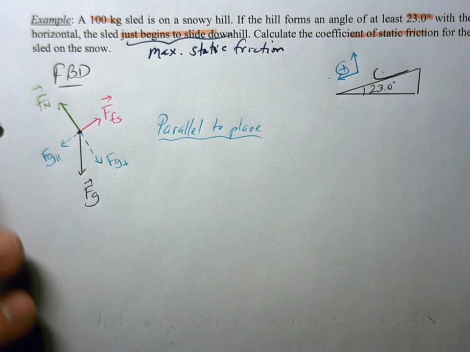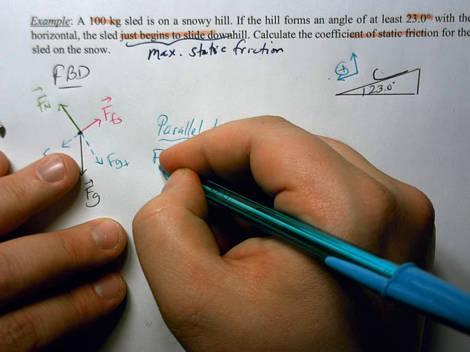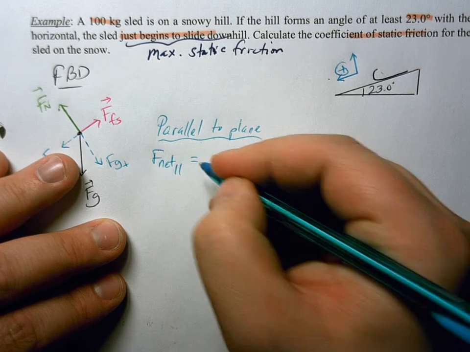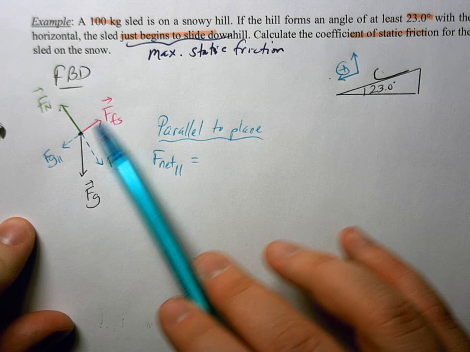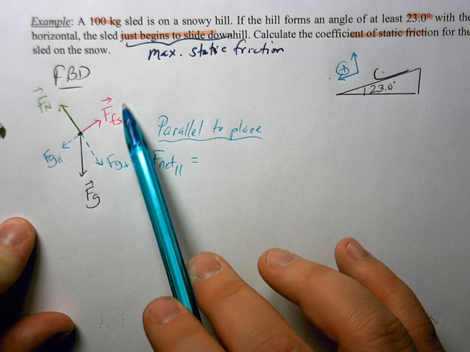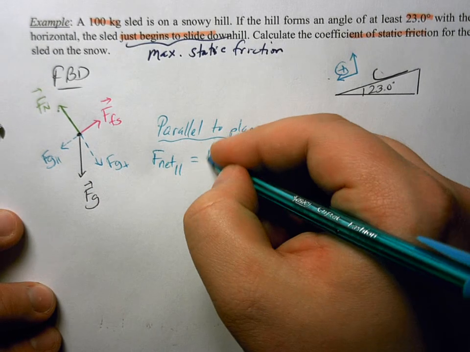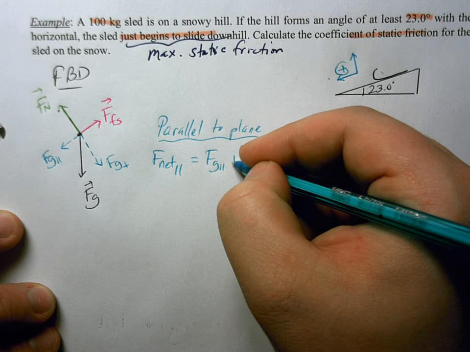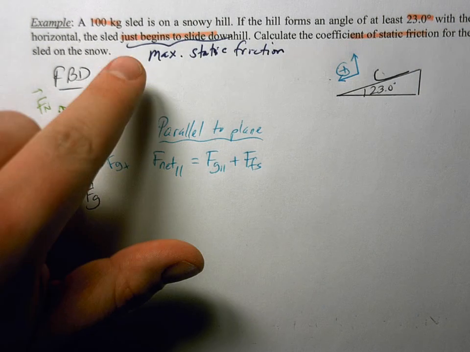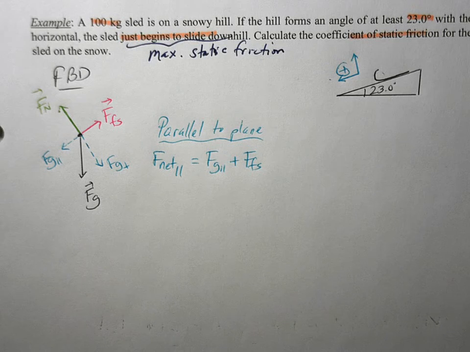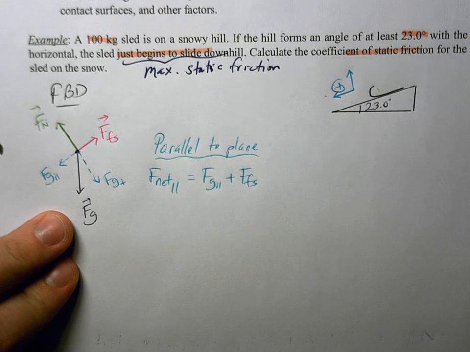So parallel to the plane, we can write a net force statement. Let me look at all my forces that are parallel to the plane. In this direction, I have Fg parallel, the parallel component of the force of gravity, and Fs, my force of static friction. Now, this thing is just beginning to slide, and we're looking at maximum static friction.